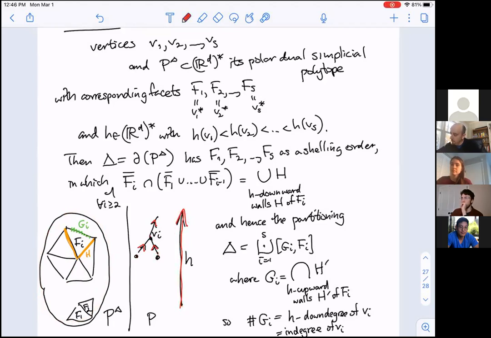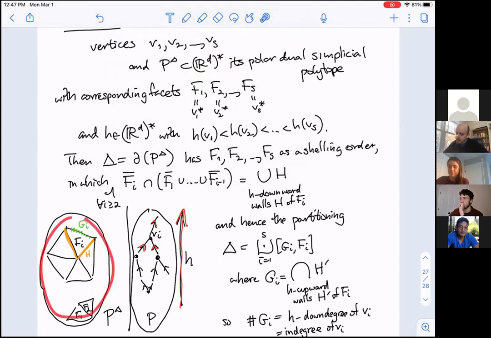I didn't draw the rest of the picture of the polar dual, but there's supposed to be a polytope over here. This is just a tiny part of its intersection poset, its picture of its faces. There's stuff happening, and then this is the polar dual picture. Okay, thanks. Yeah, no problem.